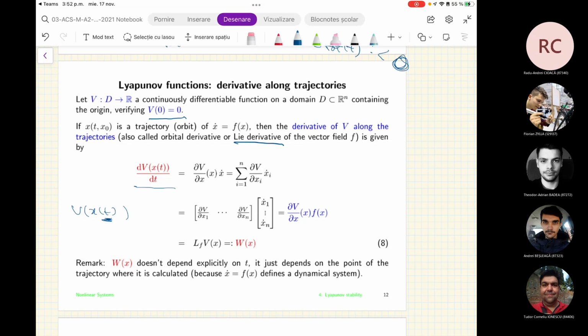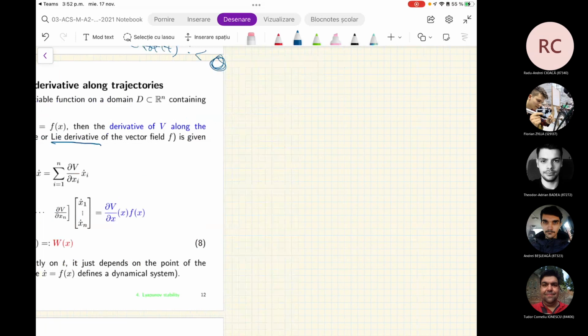For derivation, if you remember from your first year math classes, this is the Leibniz rule, because you have a composition here, V composed with x(t). We have the rule I showed you for scalars.